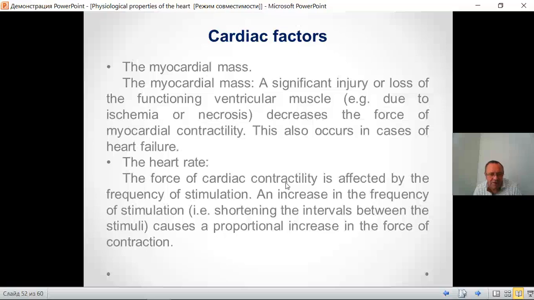The heart rate. The force of cardiac contractility is affected by the frequency of stimulation. An increase in the frequency of stimulation causes a proportional increase in the force of contraction.